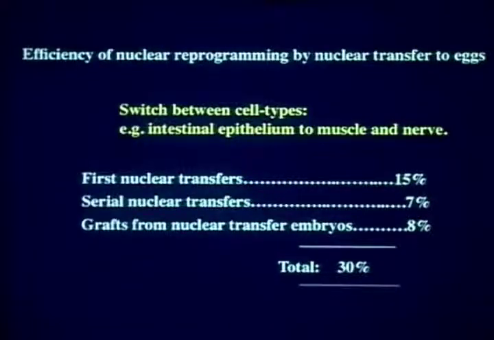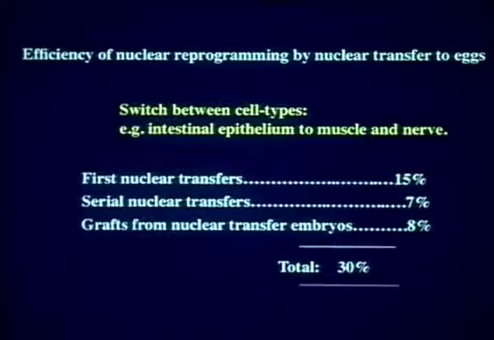You can do serial nuclear transfer, where you take the first transfer embryos, take cells from those, and then retransplant the nucleus again to another set of eggs, and that can give a further addition to the efficiency of about 7%. And then you can graft from the first transfer embryos into hosts.